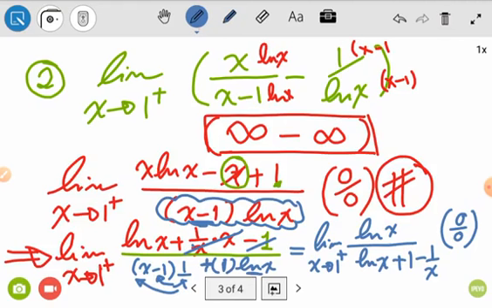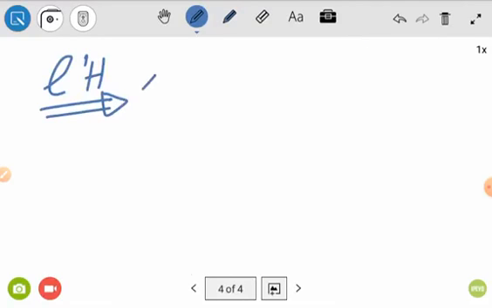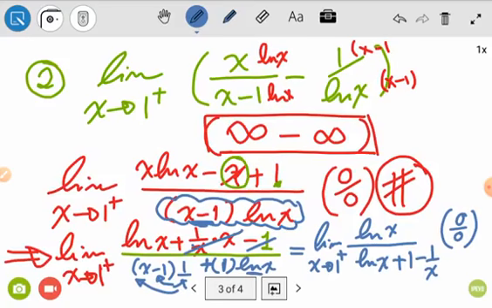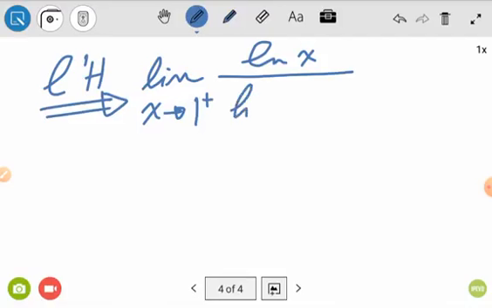Yes, I'm gonna copy again this final step in the next slide or page, which is the limit as x approaches 1 from the right side of the numerator ln x, and the denominator is ln x plus 1 minus 1/x, and then apply again the L'Hopital rule.